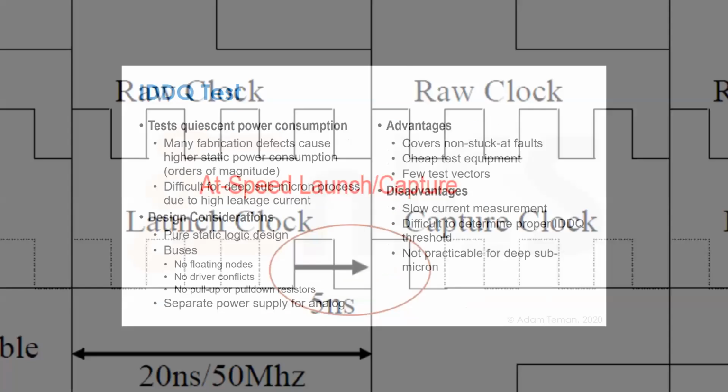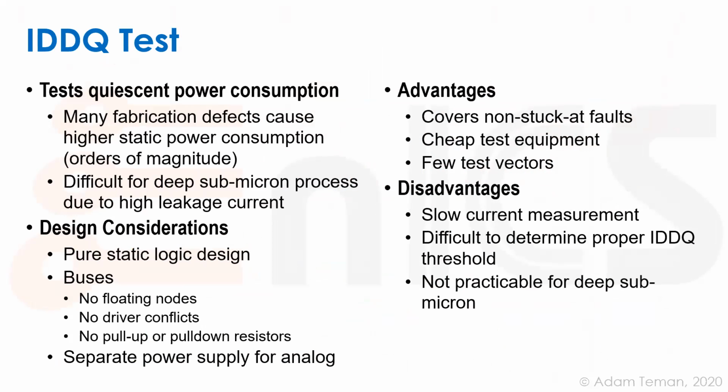Okay, so the last thing is IDDQ testing, and I don't know much about it, but basically it's a different way to look at how you test things. It tests the power consumption rather than the functionality.